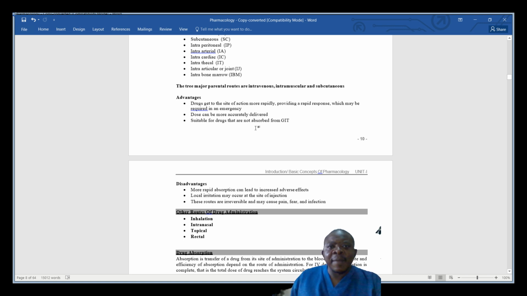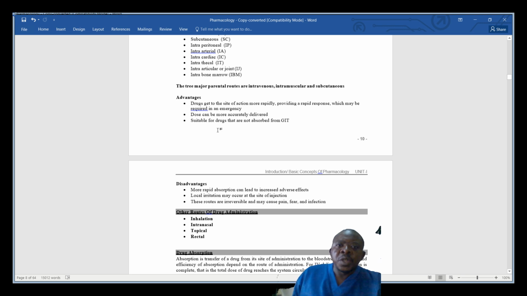We are saying the drug can be easily available in the blood for the receptors that need to use them. So when you're talking of bioavailability of the drug, it can easily be available because it does not have the hepatic metabolism part.